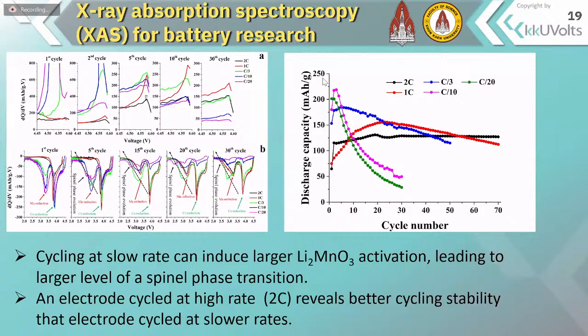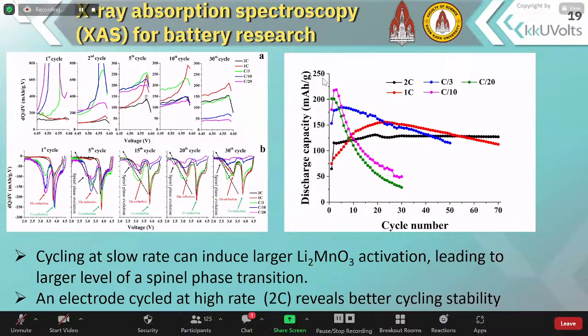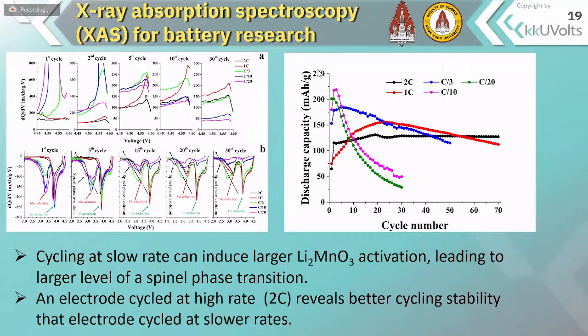The left figure shows the differential capacity plot. Cycling at slow rates can induce larger lithium manganese activation, leading to a larger level of manganese phase transitions. And the electrode cycled at a high rate revealed better cycling stability than the cathode cycled at a slow rate.